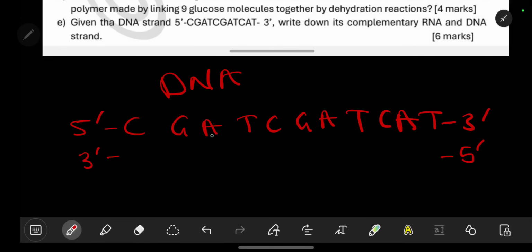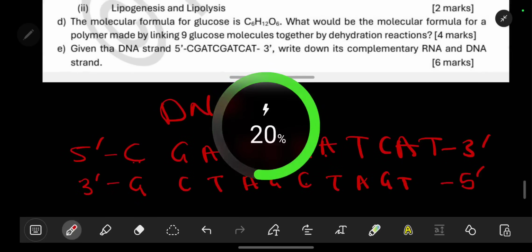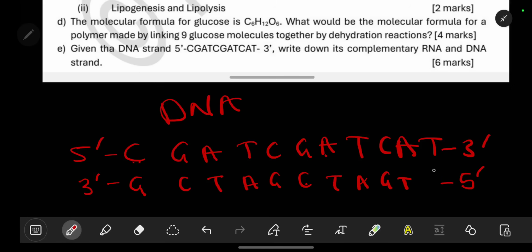Then apples on a tree, A bonds with T. So we go cars in the garage, apples on a tree, and so on along the strand.